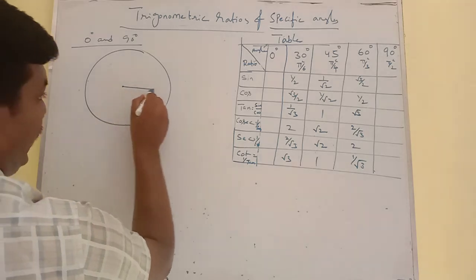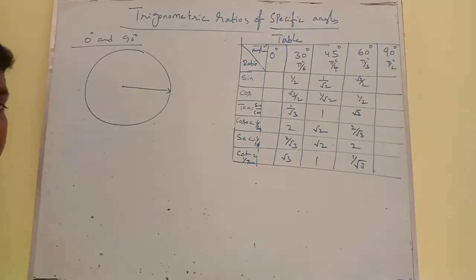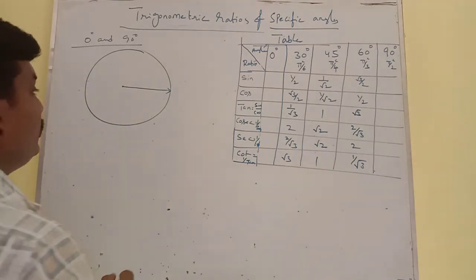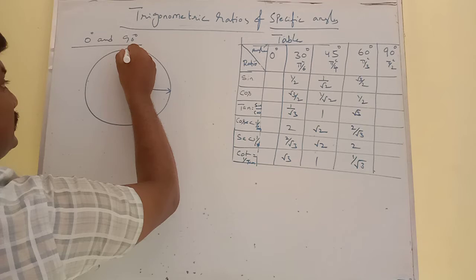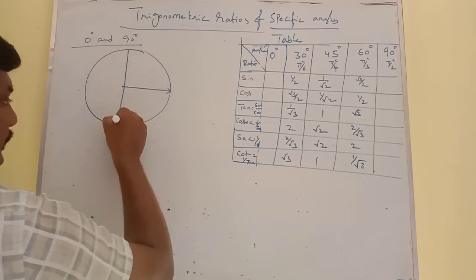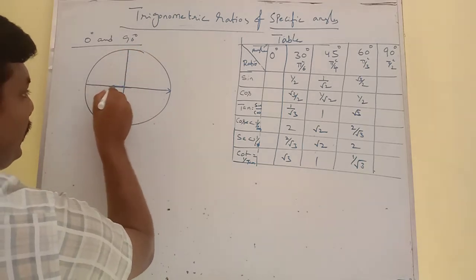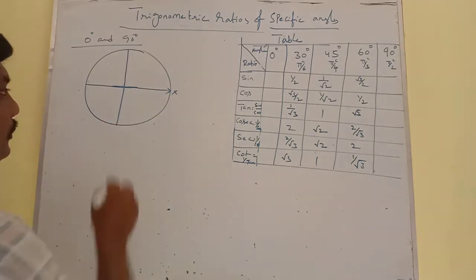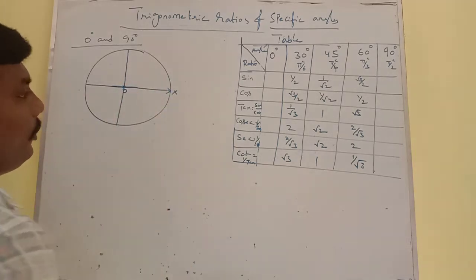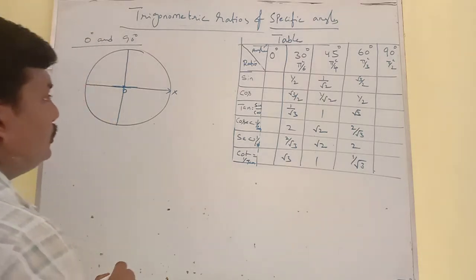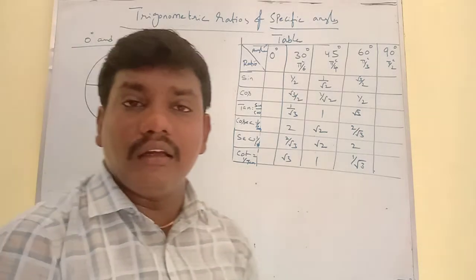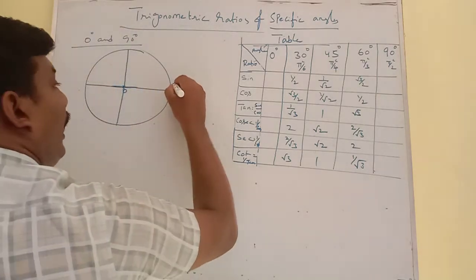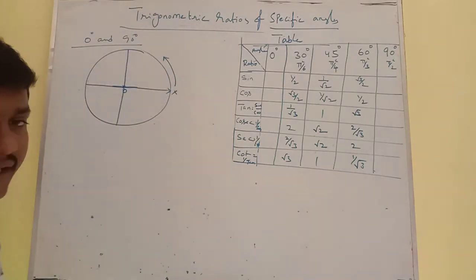An initial ray is considered as a reference to the positive x-axis, and this is the y-axis and this is the x-axis on the Cartesian plane. Let me consider this as point O. Our reference ray starts from the positive x-axis and rotates in the anti-clockwise direction to measure the angle.